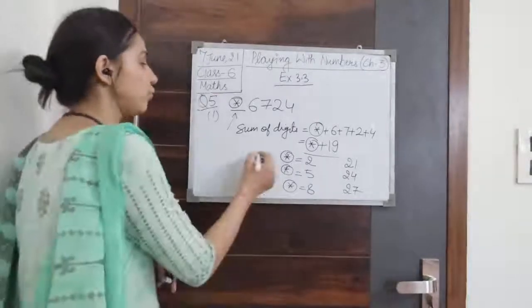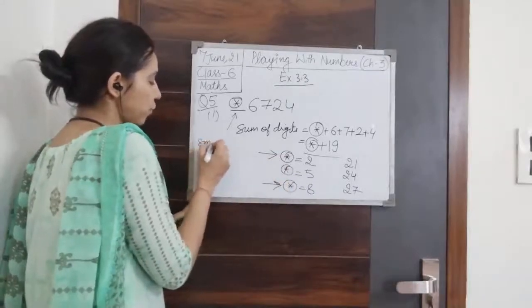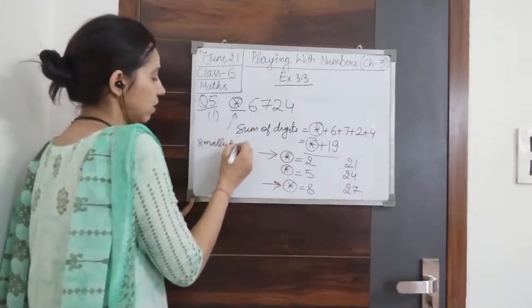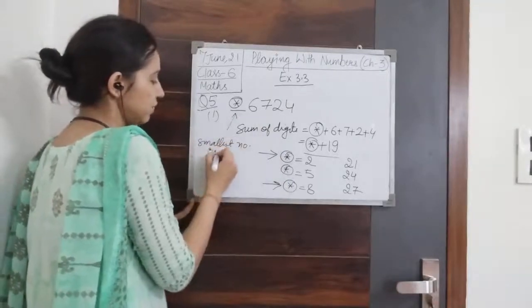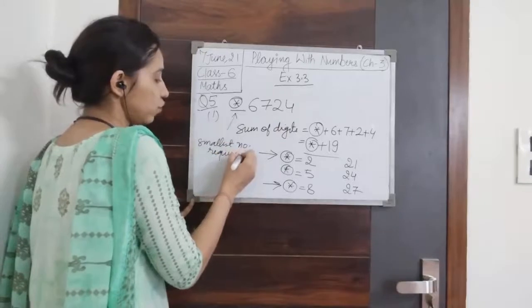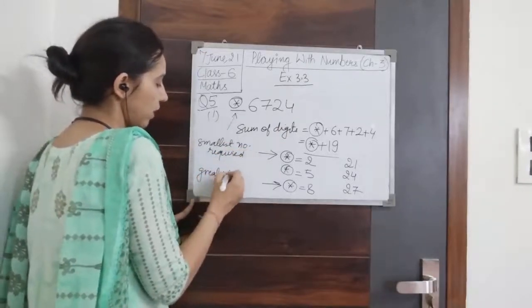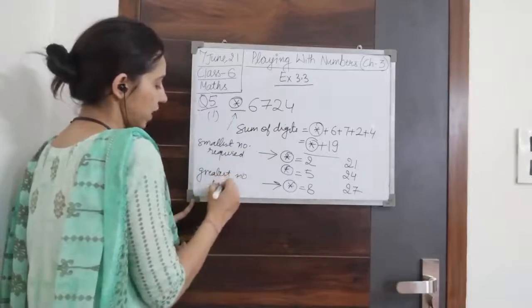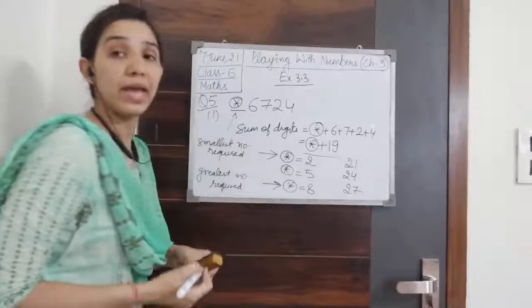The smallest one is this, the greatest one is this. So the smallest number required so that this number is divisible by 3 is 2, and the greatest number required is 8. Okay.